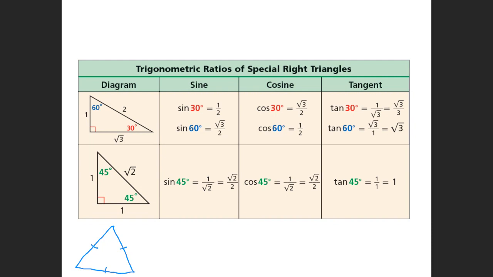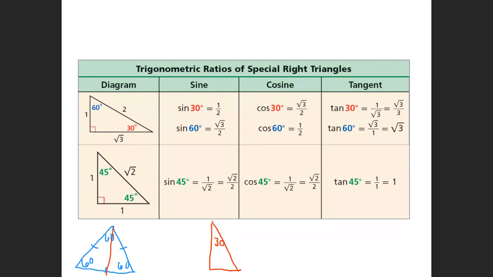All angles are the same, correct? On an equilateral triangle, this would be 60. This would be 60. This would be 60. Now, if you cut that triangle directly in half, you get two triangles, right? And what are those triangles? They are what we call 30, 60, 90.